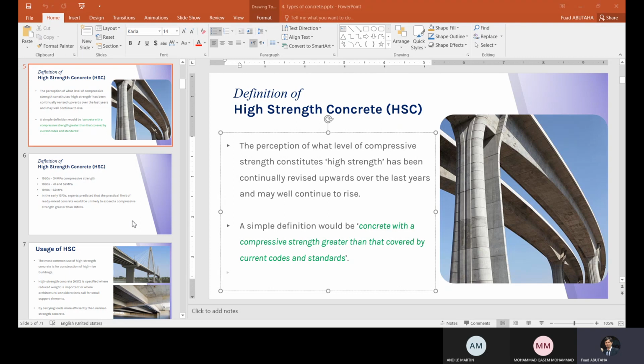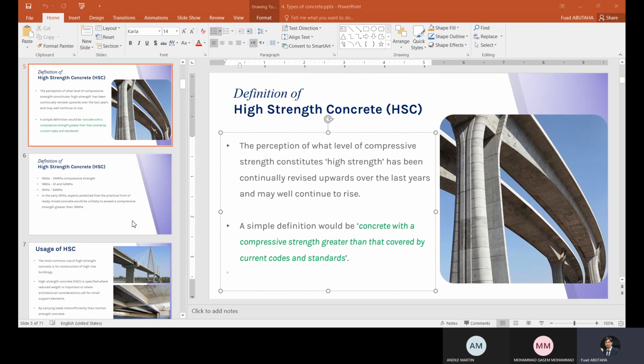So the minimum particle size of the coarse aggregate, let's say 4, and the maximum can go up to 14 millimeter, or up to 19 millimeter, or up to 22 millimeter. So this is the other parameter that you need to look at, that will help you in the mix design to achieve high strength concrete.